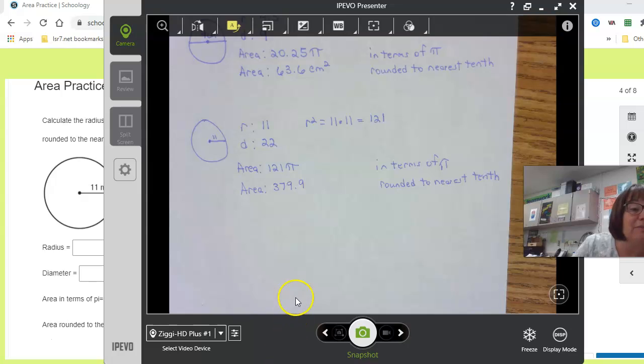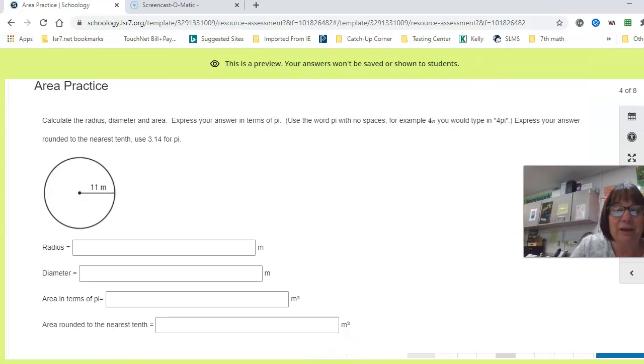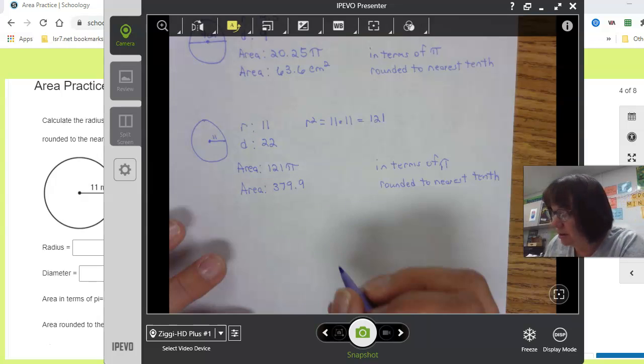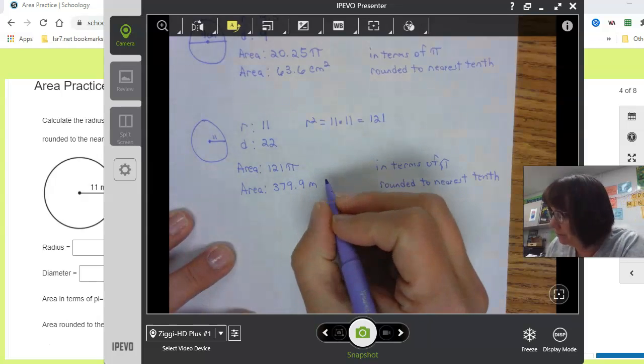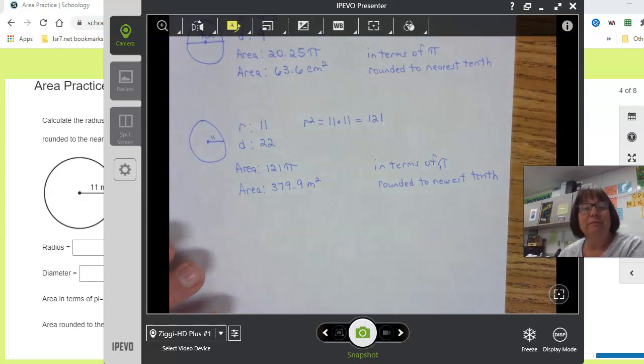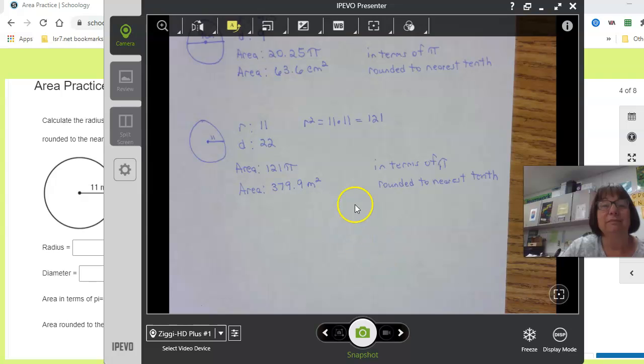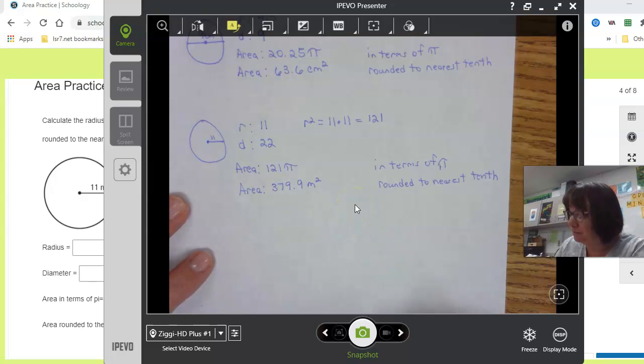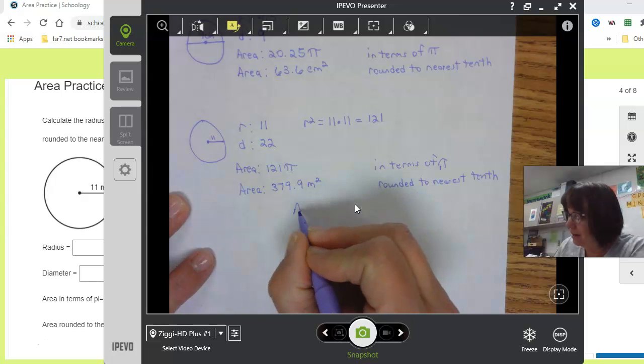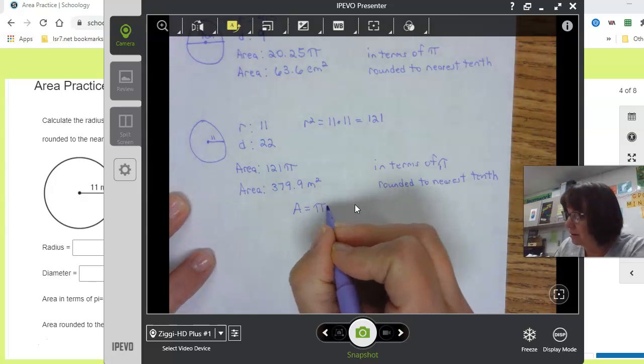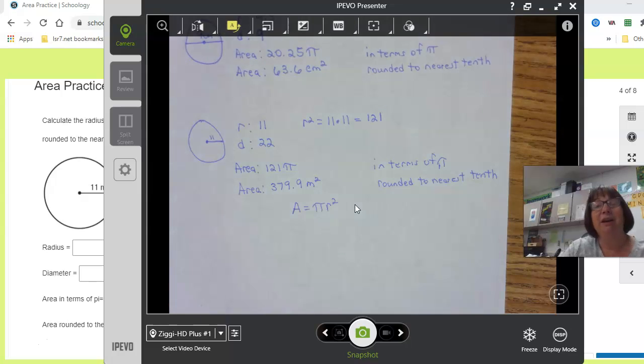I believe it was meters. Let me check back real quick. And yes, it was meters. So we're going to do meters squared. Okay, so this is all based around using the formula A equals pi r squared. That's how we find the area of a circle.